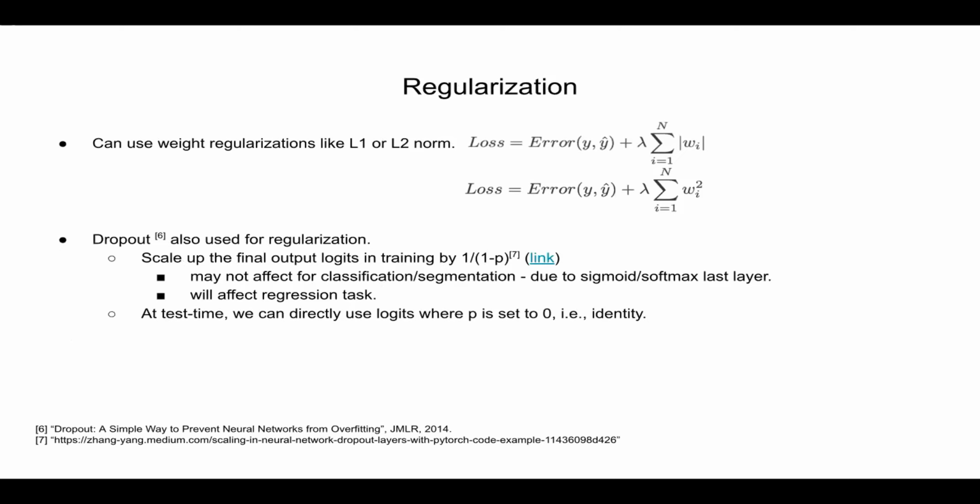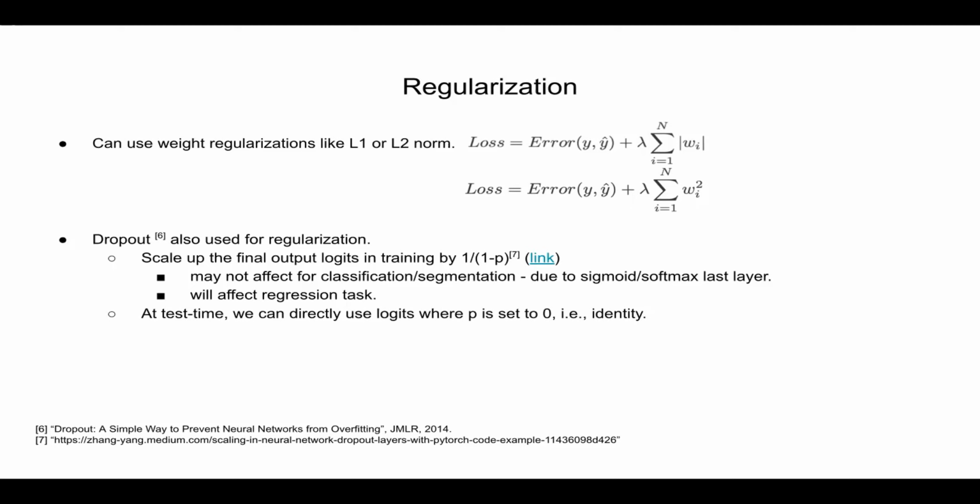Coming to regularization, this is quite helpful, especially when you're training with limited data. The popular regularization techniques include L1 and L2 norm, which you apply on the weights. The second one is dropout, which also helps in regularization.